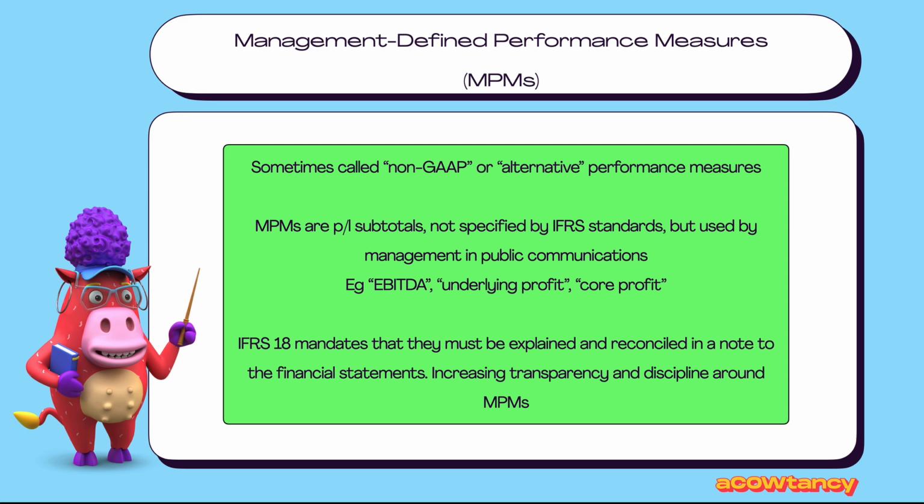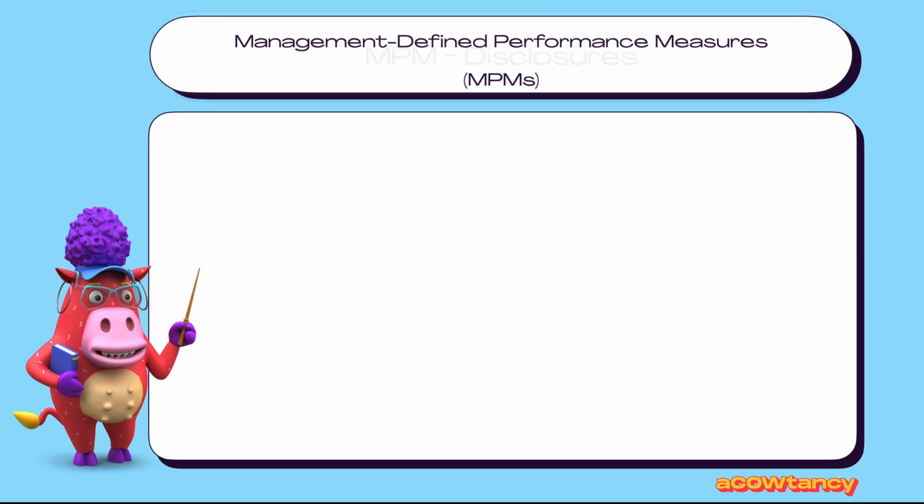You're telling managers they're not going to get away with loose terminology. If you're using terminology that's not in the IFRSs, you must explain it and reconcile it to something we all understand.